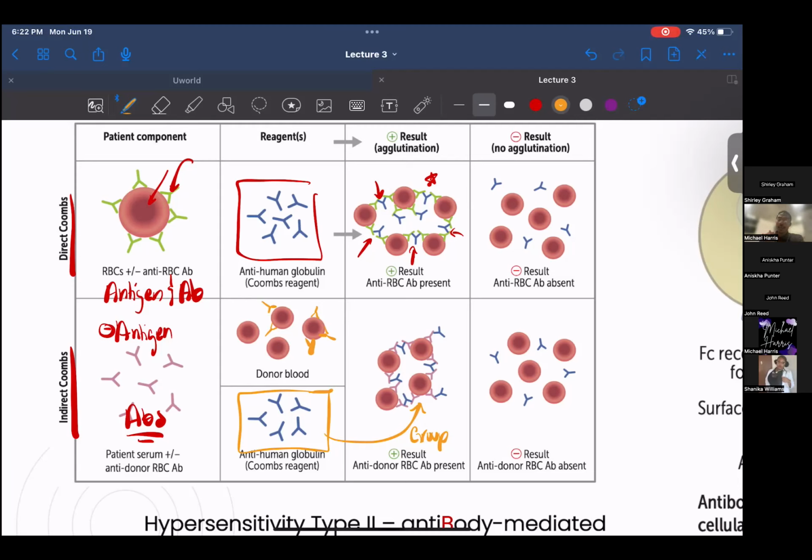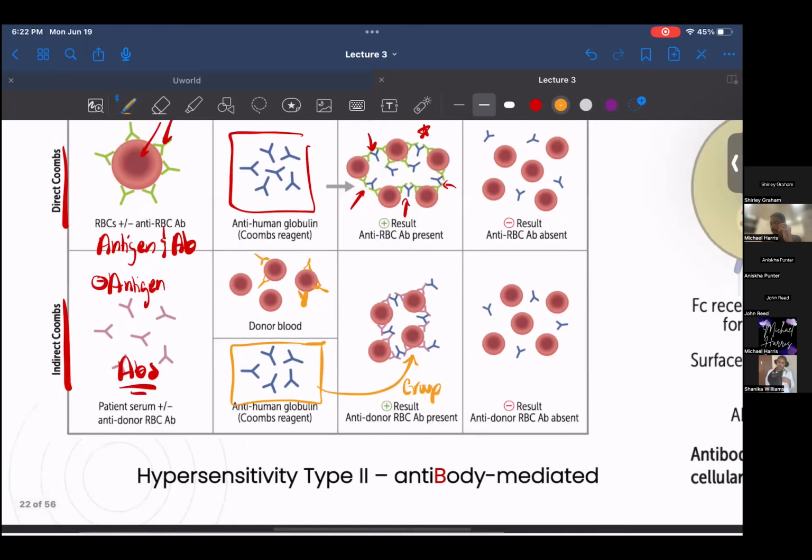Yes, an indirect. This is how you diagnose someone with erythroblastosis fetalis. You see if the mom has developed antibodies to the baby fetus. This is where this comes into play. So make sure you don't forget it.